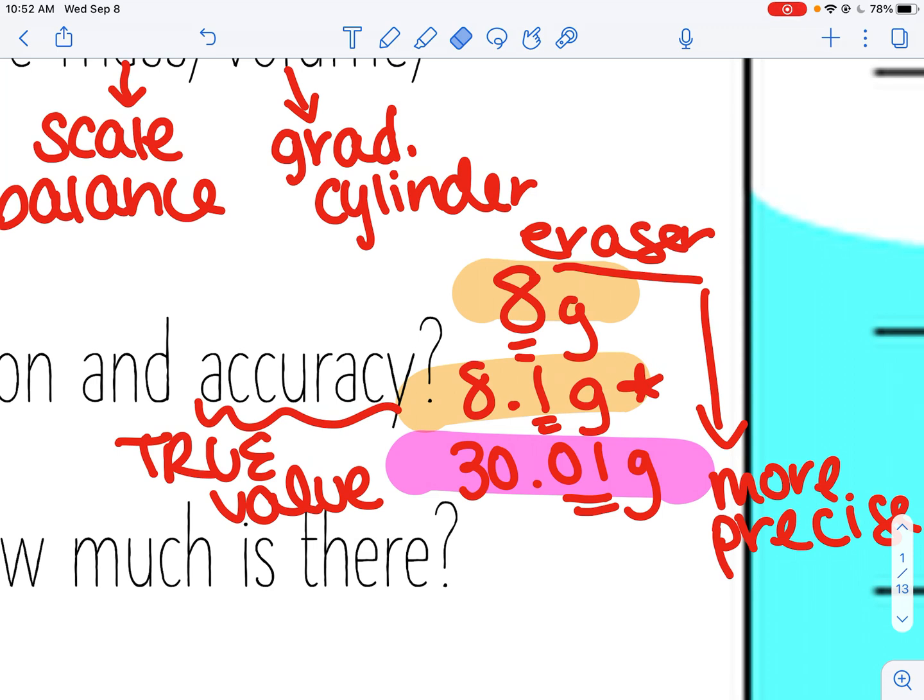As you went from scale 1 to scale 3, they became more precise. But if you notice, that third one threw you for a loop. It was a really precise answer, but it wasn't necessarily accurate. If I'm comparing the 2 that I highlighted in orange here, 8 versus 8.1, 8.1 is more precise and more accurate. Think of precision as how specific you are being.